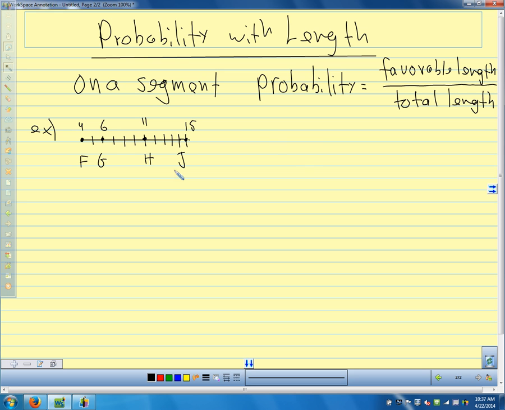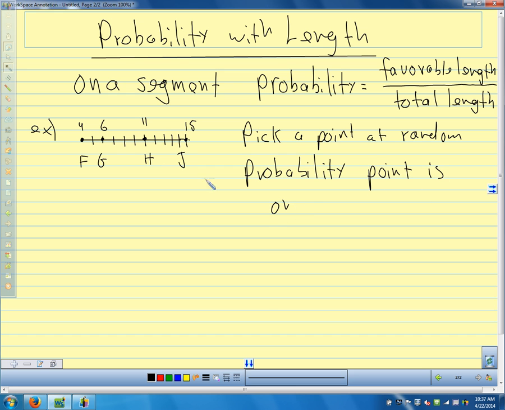All right, we're going to pick a point at random. And we want the probability. So we're going to pick a point on the segment somewhere between 4 and 15, and we want the probability that the point is on the segment GH.